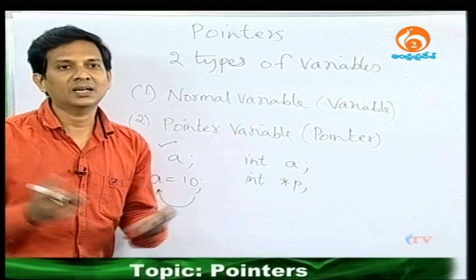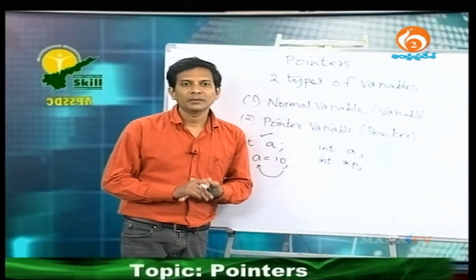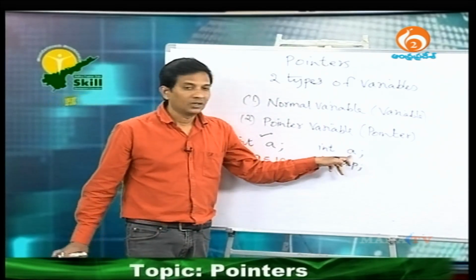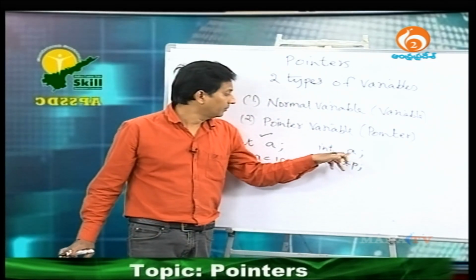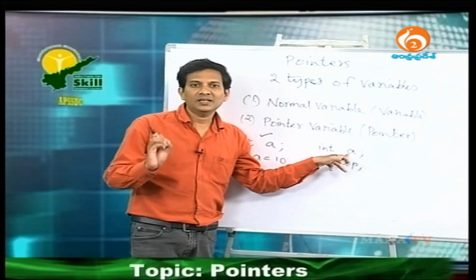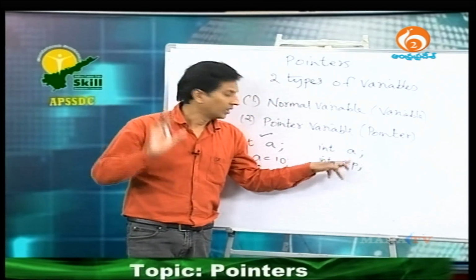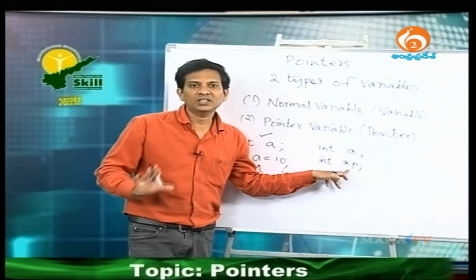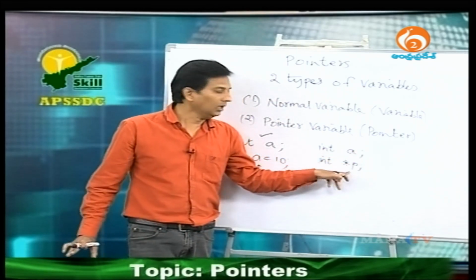It may be any address, because I didn't assign any variable here. Here a is eligible to store only a value. Here p is eligible to store only an address. That is the difference between the variable and pointers.